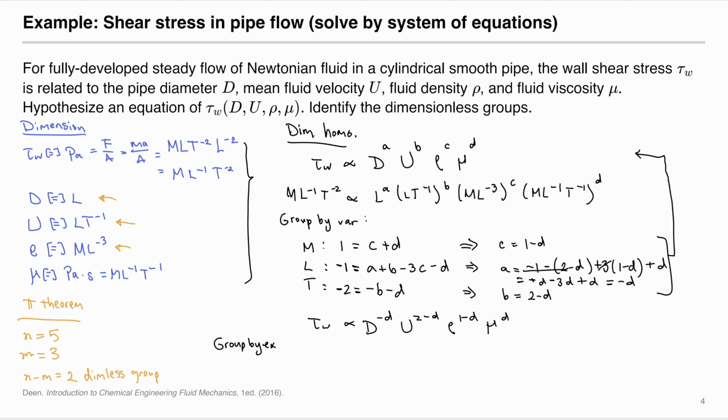It's either constants or d. So tau W is proportional to anything that's with d, which is D to the minus 1, U to the minus 1, rho to the minus 1, and mu raised to the power of d. And the constants are U to the power of 2, rho to the power of 1. And we can move these constants to the left. So we have divided by U squared and rho.